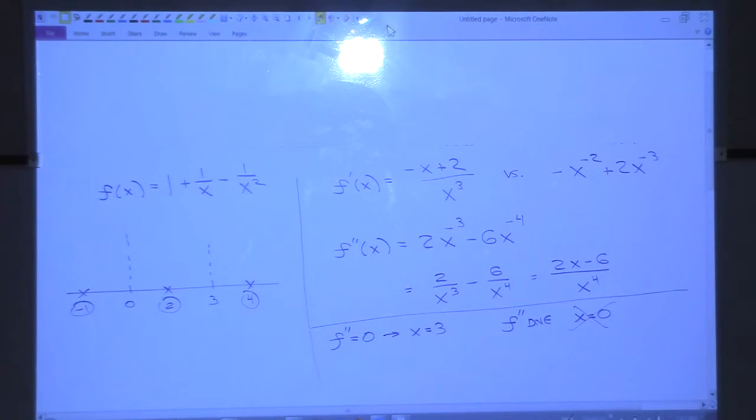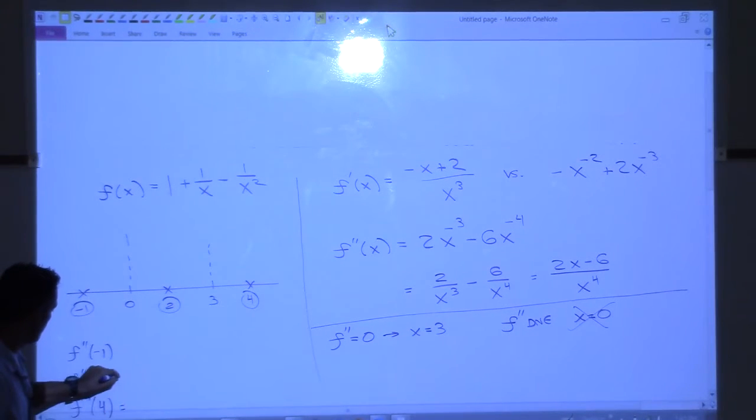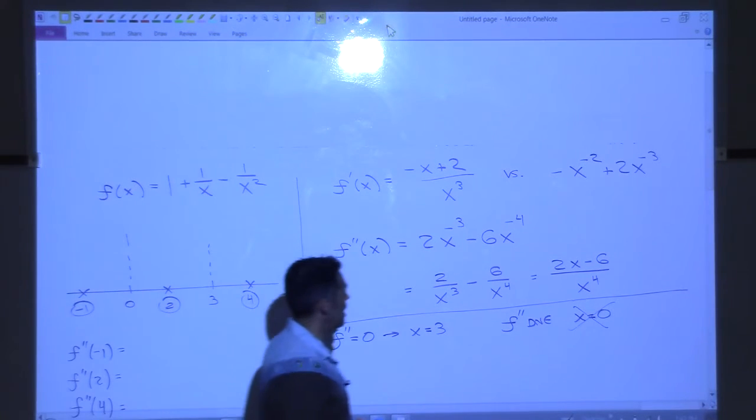To the second derivative, because the second derivative tells us about frowns and smiles, right? So we want to plug these into the second derivative. We need the second derivative at negative 1, at 2, and at 4. All right, here's our second derivative right here.